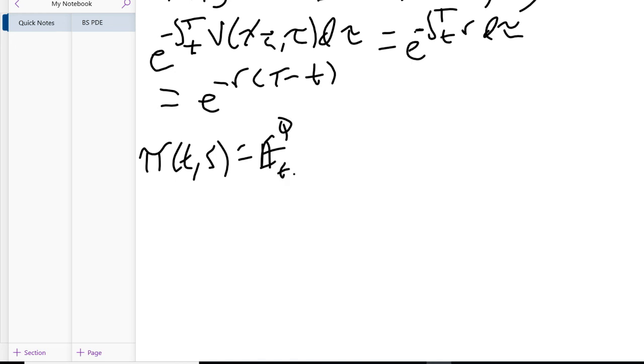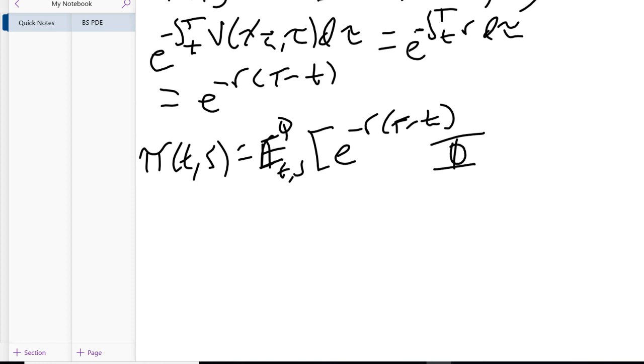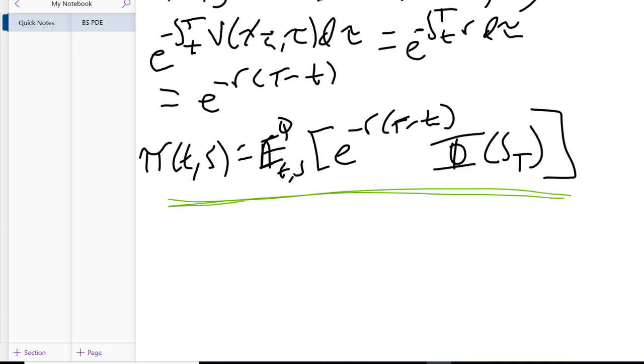So I'm going to write t comma s down here, and then e^(-r(T-t)) times the expectation of phi of the terminal value of s. So this is our solution written in terms of conditional expectation given the Feynman-Kac theorem.